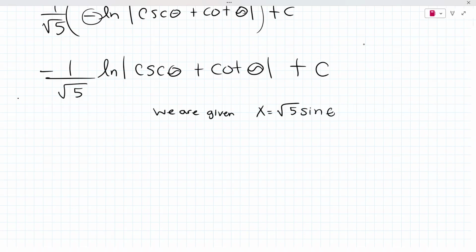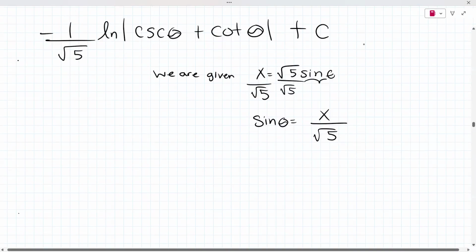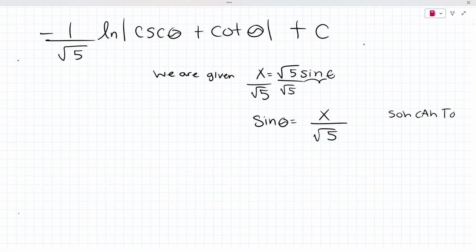Let's solve for sine theta, because we want it in terms of x. So let's get sine theta by itself. I would have to get rid of this radical 5 by dividing both sides by radical 5. You get sine theta is x over radical 5, right? Now, this is where you need to draw your triangle, or it's the SOHCAHTOA thing, if that helps.